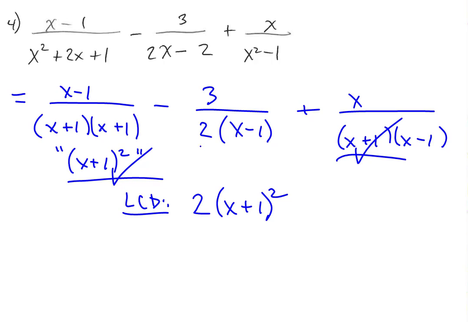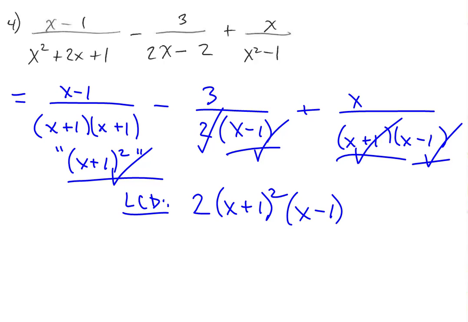The second denominator, we already counted for the 2, I should check the 2 off. Then there's an x minus 1. There's another one of those in that last fraction, but they're both singular, so a single x minus 1 is the highest power of that factor in the denominators. So we have an LCD.